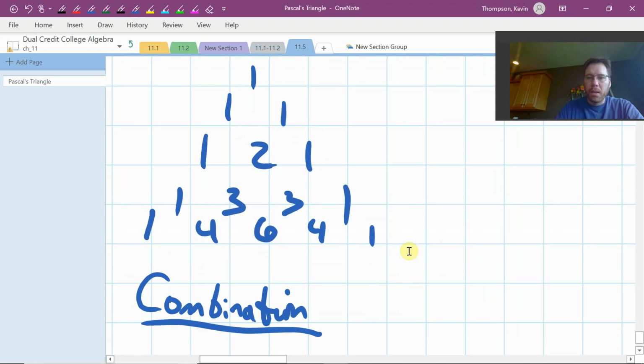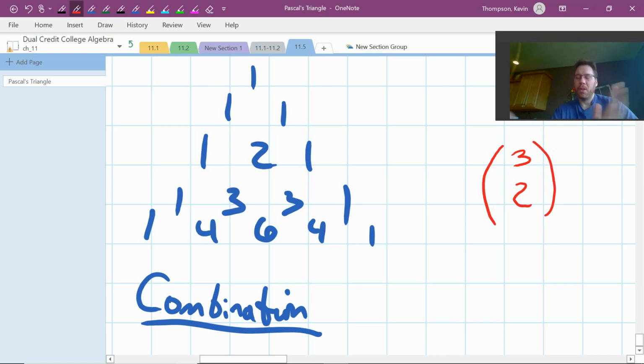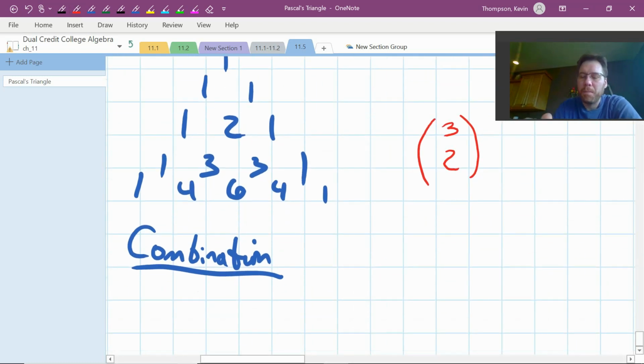I'll get my calculator up in a second, so I'll pause the video, but the notation is going to look something like this. It's a parenthesis, and then inside of it we're going to write a 3 and a 2 vertically, kind of like we were doing a matrix. There's no division sign there, don't do that, but it's kind of like this one, just a set of parentheses, and in it we see this vertical 3, 2. Now, what that's really saying is this.